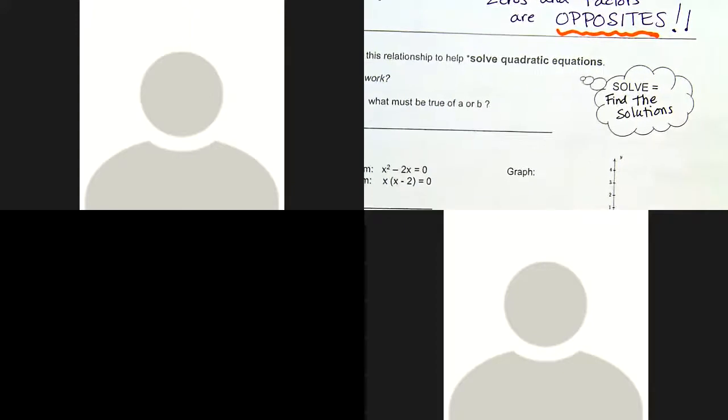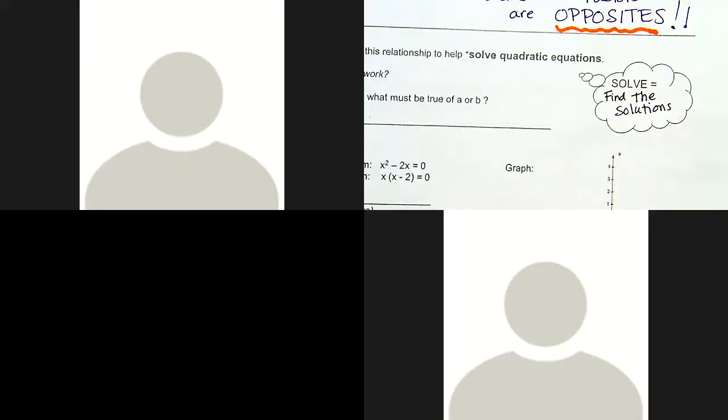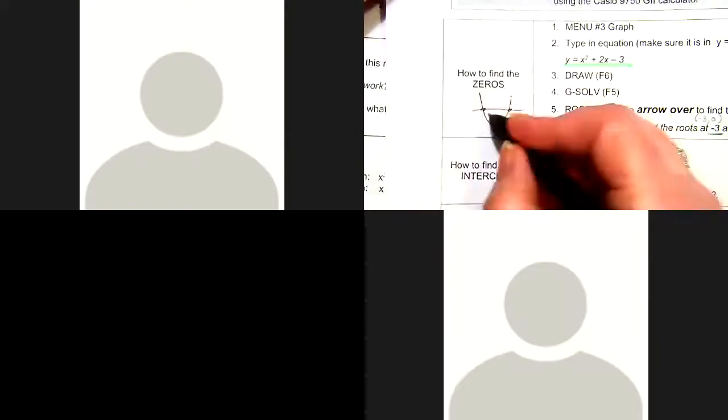Now remember, we did this earlier. Let me go back here. We worked with this one, and depending on which notes you did, these have 4 names.